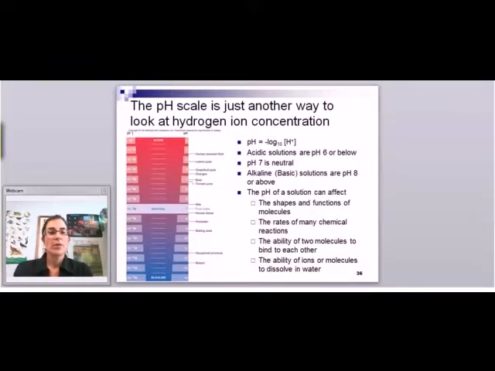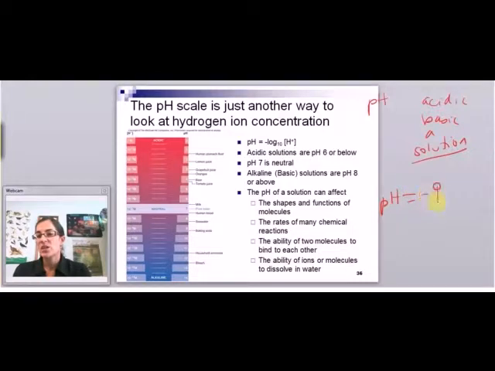You've also maybe heard of the pH scale. The pH scale is a way to measure how acidic or basic something is, and specifically a solution. So this is when you're adding acids to water or adding bases to water and you want to know what the hydrogen ion concentration becomes. The pH is really a measurement of that.